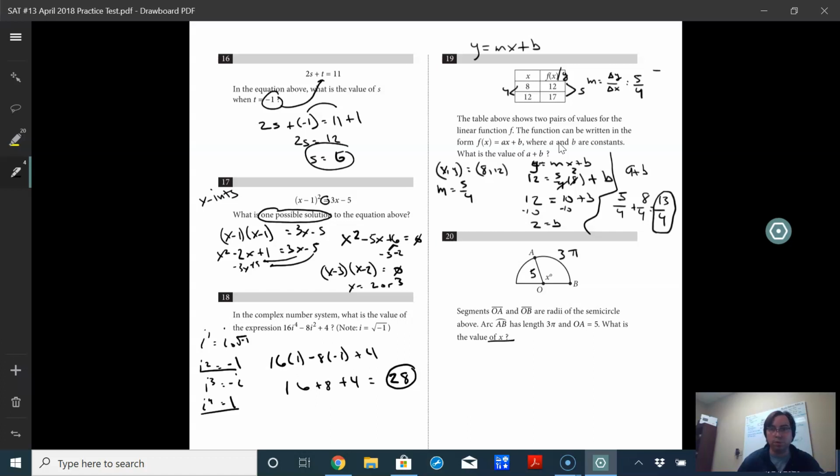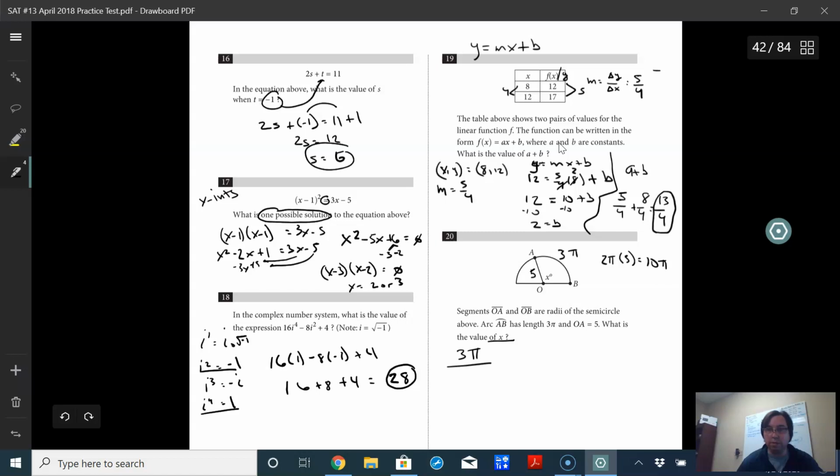Now remember, when we're talking about ratios and proportions, we know that the arc length, 3 pi, over the circumference is going to be 2 pi r. The radius is 5, so that's 2 pi times 5, which gives us 10 pi.